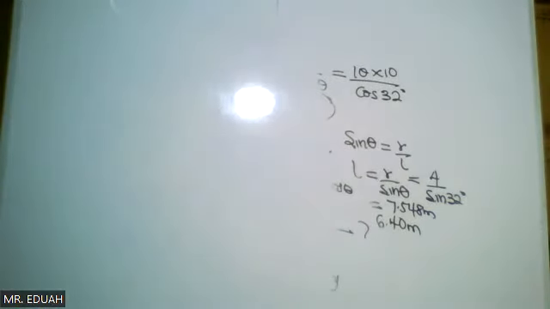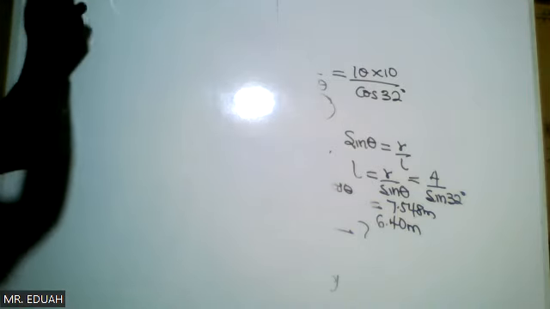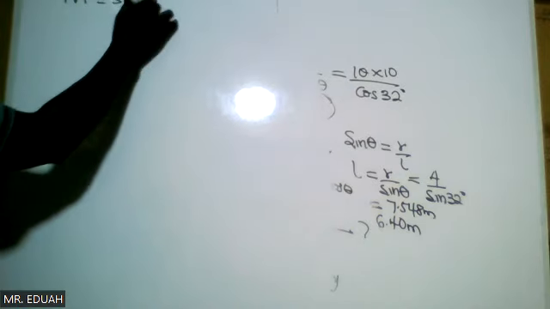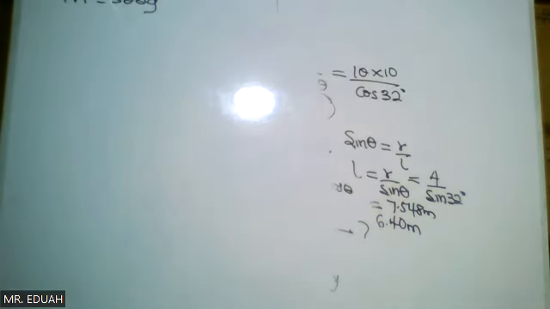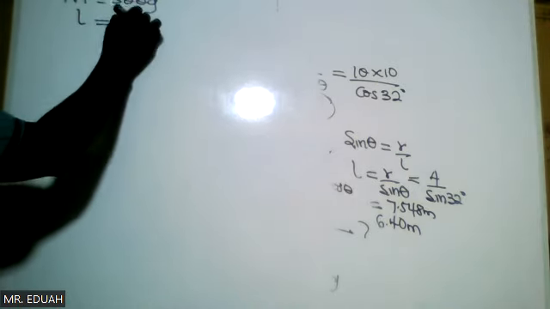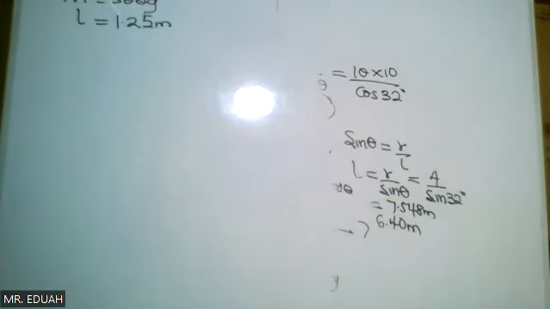So a 500 grams sphere, so the mass is 500 grams. It's hung from an inextensible string 1.25 meter long, so the length is equal to 1.25 meter.